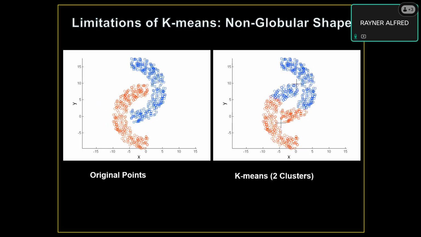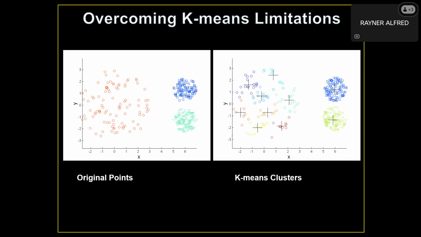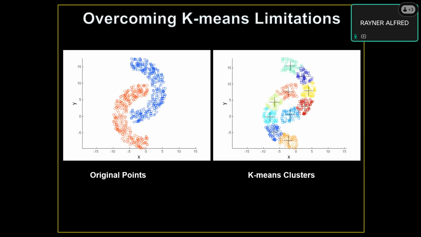So for K-means, to solve this problem, we just have to add more centroids. For example, like this is for K-means. So our solution is to use many clusters, okay, and this also works for different density and for non-globular shapes.